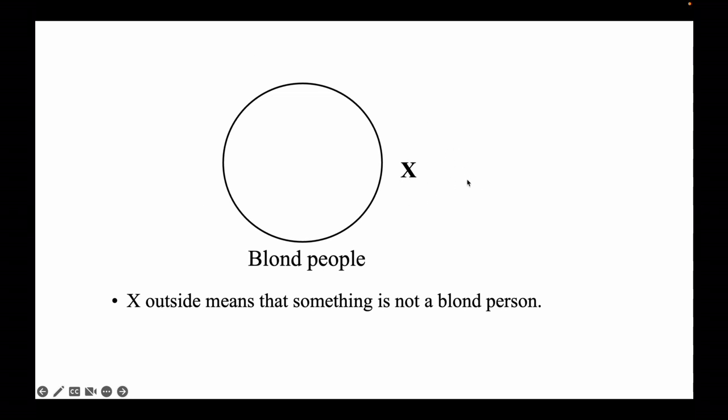You're not going to find any blonde people outside here. You're going to find everything else that is not a blonde person. So the X outside indicates that there exist some things, at least one, and that thing is not a blonde person.